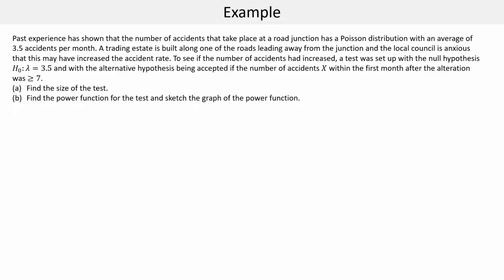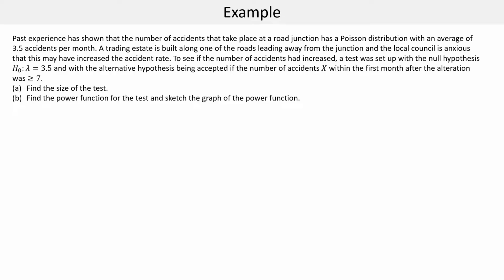To see if the number of accidents has increased, a test was set up with the null hypothesis lambda equals 3.5 and the alternate hypothesis being accepted if the number of accidents within the first month after the alteration was greater than or equal to 7. So there we're actually given the critical region. Greater than or equal to 7 is the critical region.